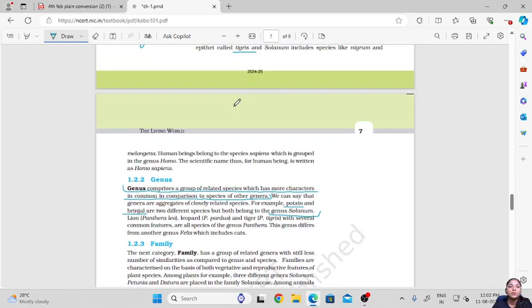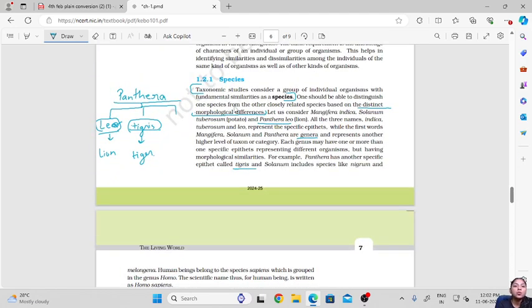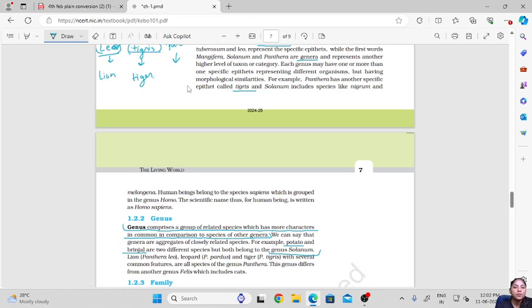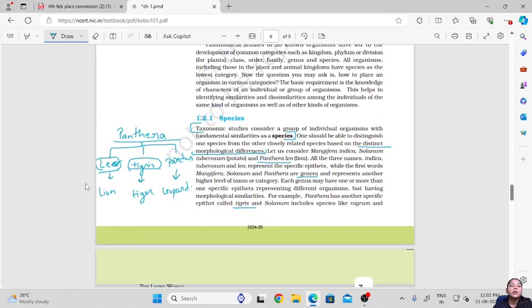Panthera pardus means leopard. All these species are different from each other, but they have certain common characters. That is why they are grouped in the genus Panthera.